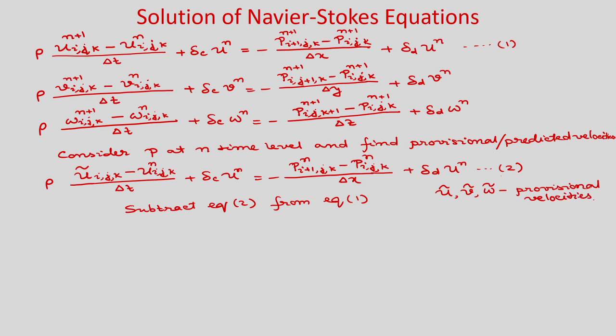Okay. So, if you subtract, you see this u I j k at time level n will get cancelled, then you will get only rho times u n plus 1 I j k minus u tilde I j k divided by delta t.